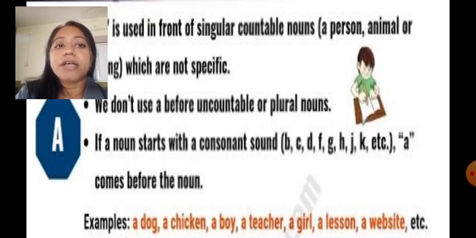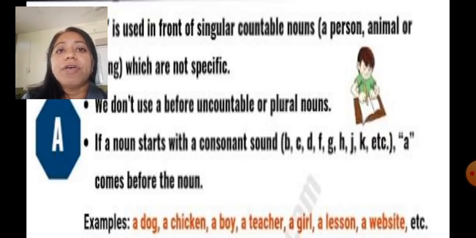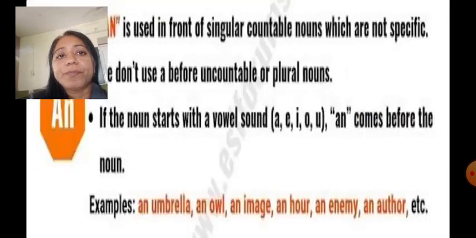If a noun starts with a consonant sound, that is, a sound pronounced with B, C, D, F, G, H, K, that is, besides vowels, it is known as a consonant. So, if it is a consonant sound, we will put a before the noun. For example, a dog, a chicken, a boy, a teacher, a girl, a lesson, a website, etc.